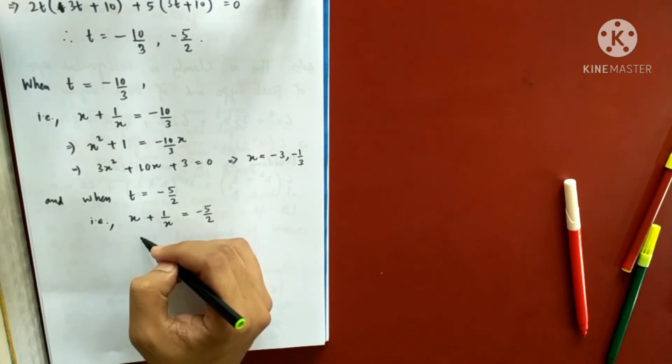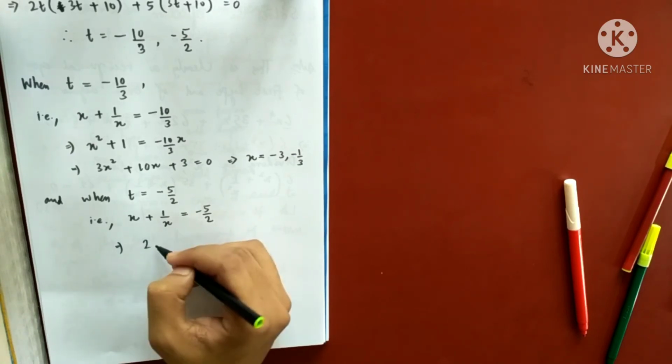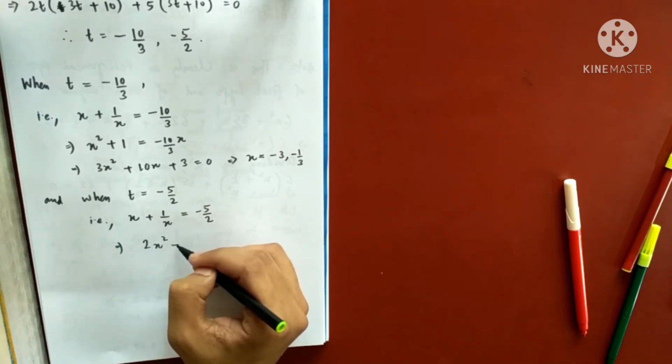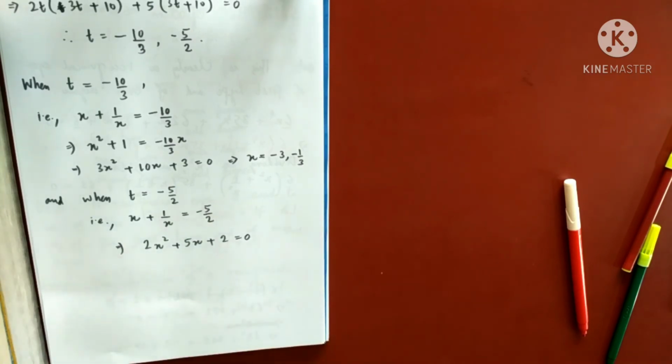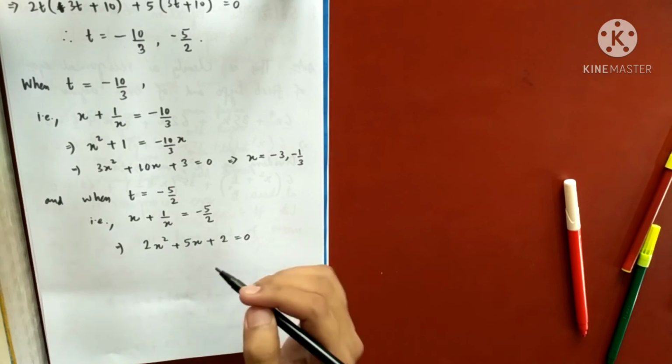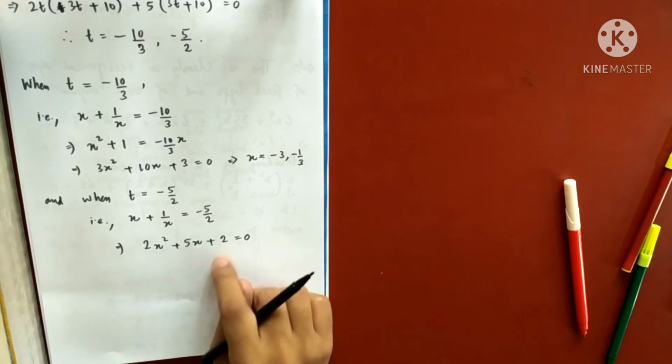That I have already done. Now for the other value, after you solve this quadratic, simplifying we get 2x square plus 5x plus 2 equals 0. Sorry, I made a mistake, it should be plus 4 and plus 1.